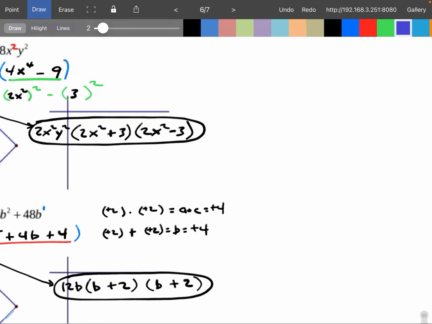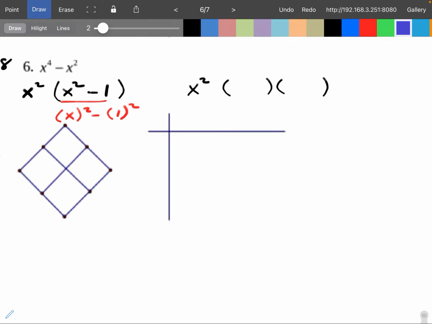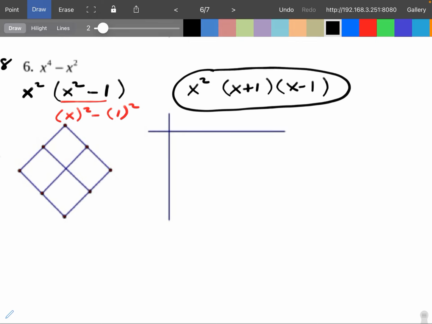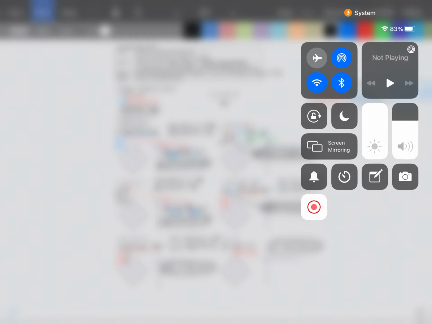X squared minus 1, when you factor it, breaks into x plus 1 times x minus 1. Yes, we already did that way back there. So this is going to be x plus 1 times x minus 1. And then that's your final answer for that one.